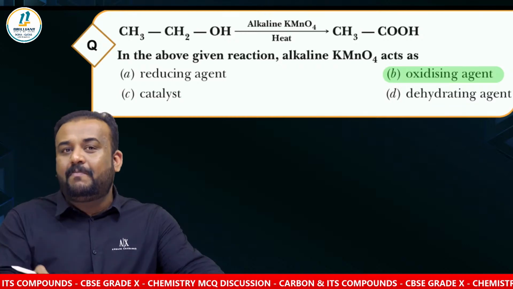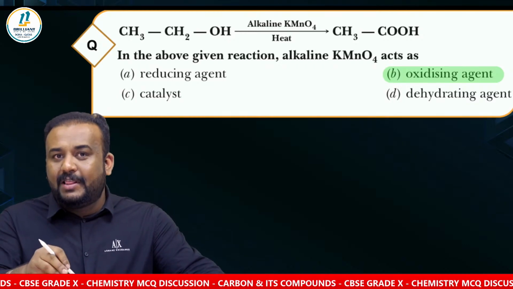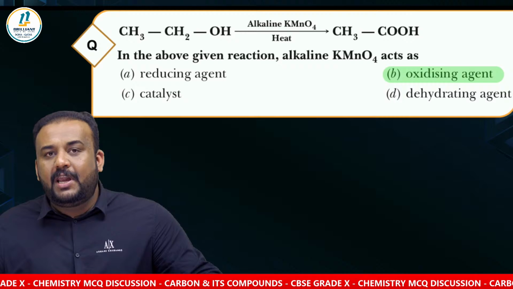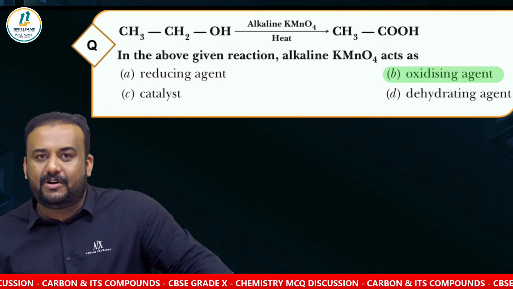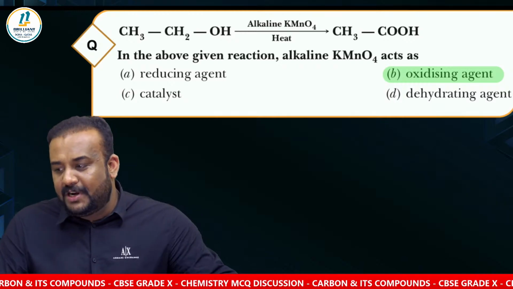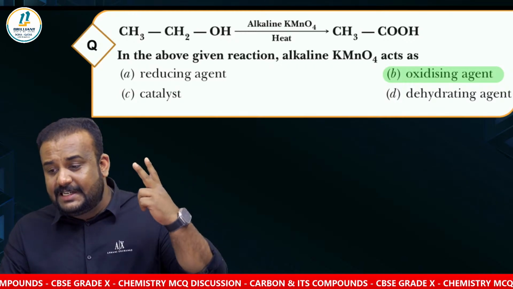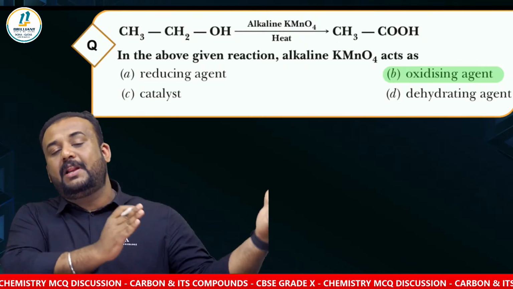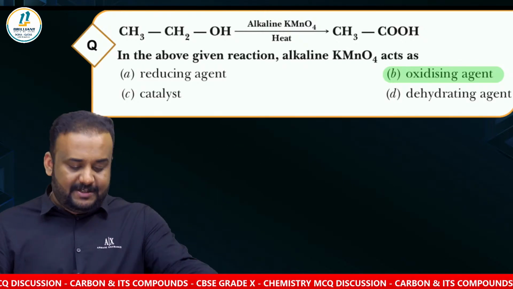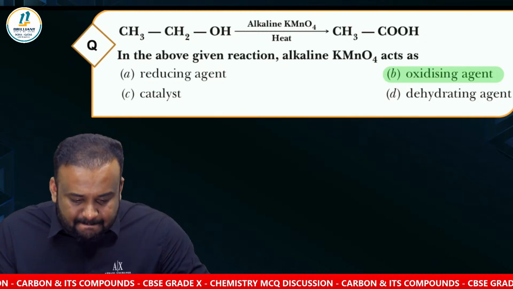So when you have a brisk effervescence in the tube, then that's surely an acid. And where you don't have a reaction, that's an alcohol. I'm sure all of you understood the two different tests I told you that can distinguish between alcohol and carboxylic acid. Is it clear, guys?